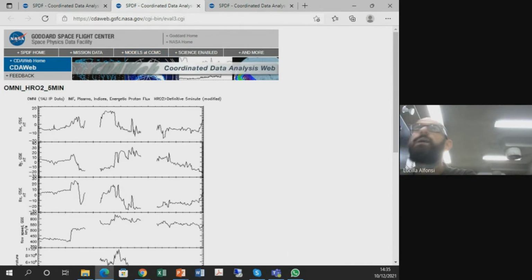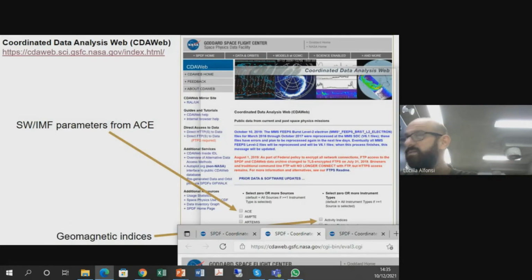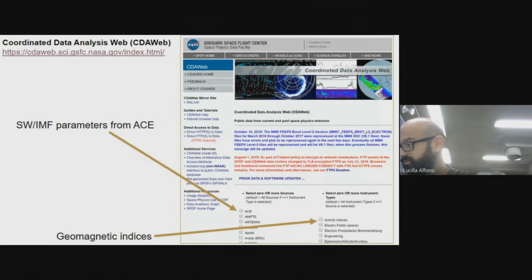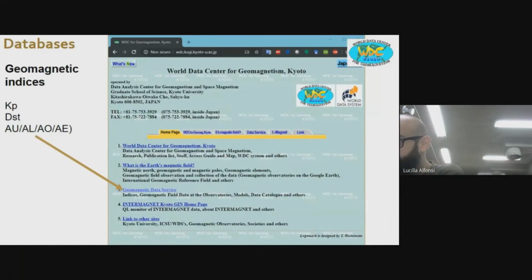Then let's move to another one. Here we go. The next one will be the Kyoto World Data Center.